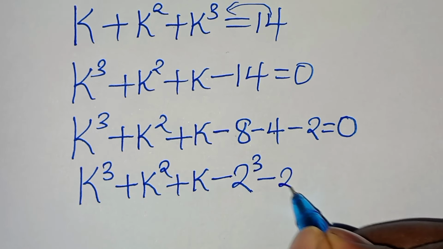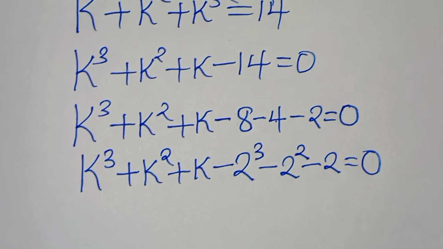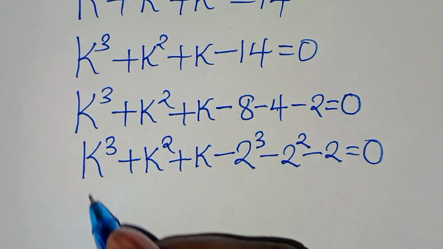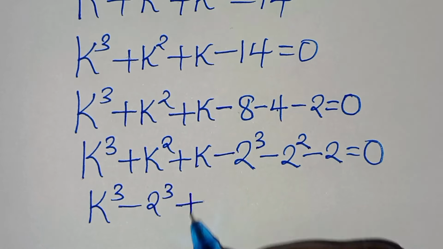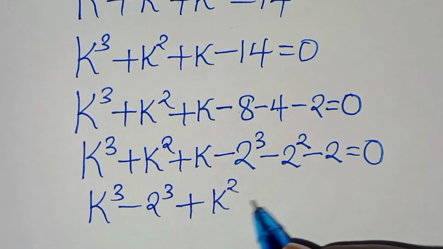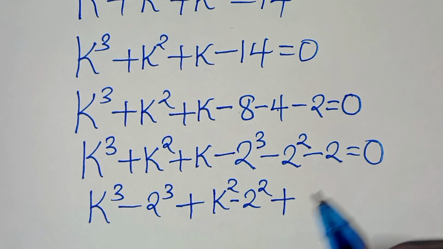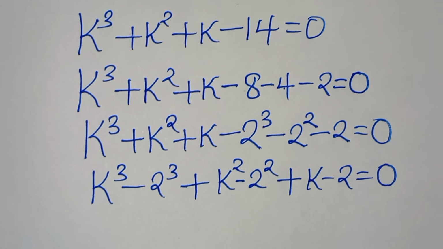Subtract 4, which is 2 to the power of 2. Subtract 2, this is equal to 0. Now, we have k to the power of 3 and 2 to the power of 3 here. So we can express this as k to the power of 3 minus 2 to the power of 3. Then plus k to the power of 2, subtract 2 to the power of 2 here. Then plus k minus 2. This is equal to 0.